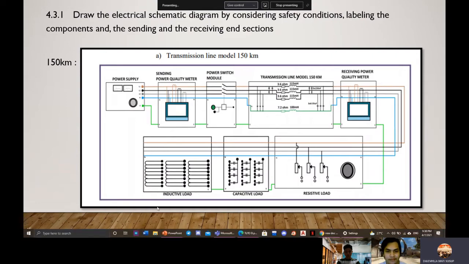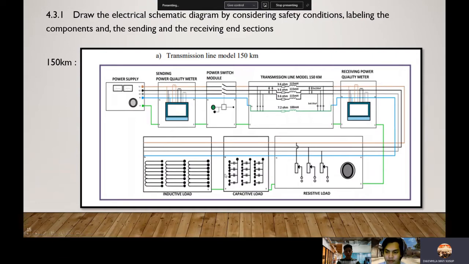This is the inductive load, this is the capacitive load, and then the resistive load. This is L1, L2, L3, and this is the ground going down, and this one L1 going here. Every box of the load: capacitive, inductive, resistive.